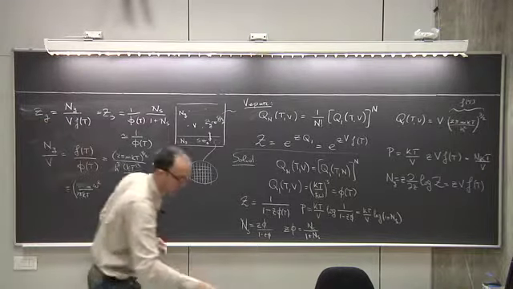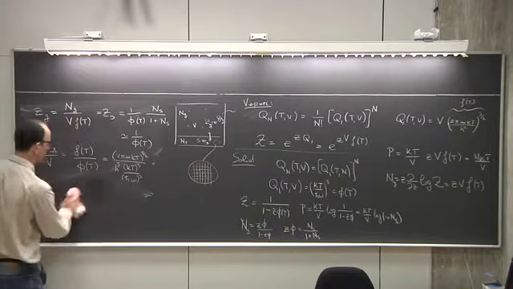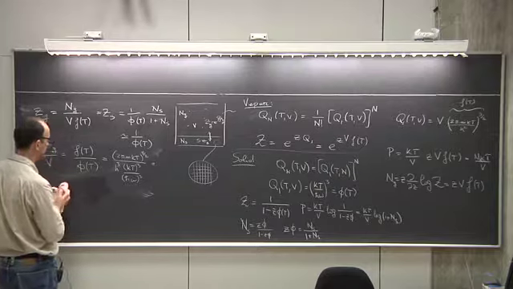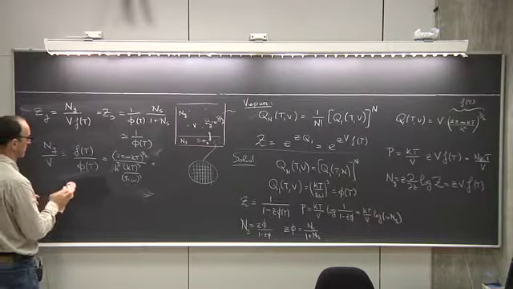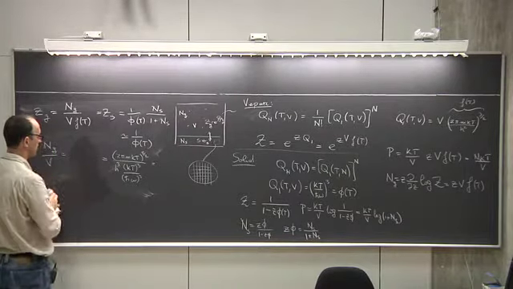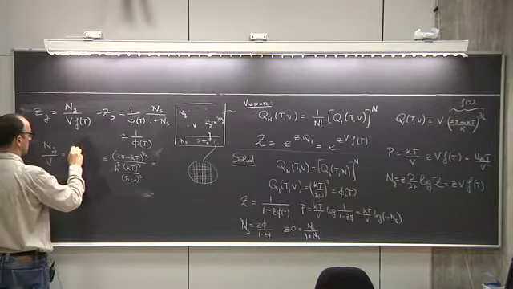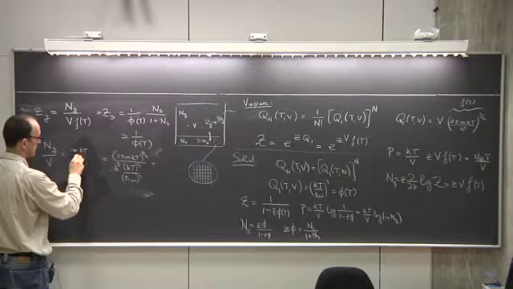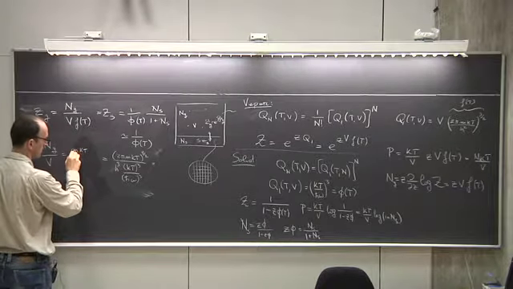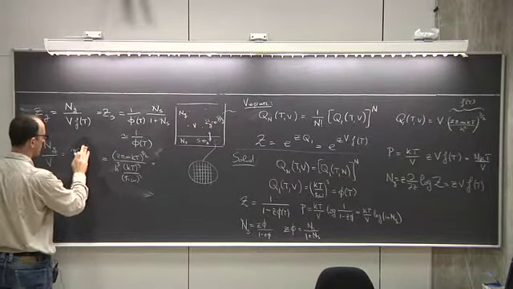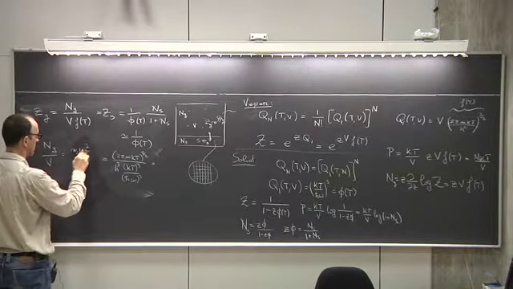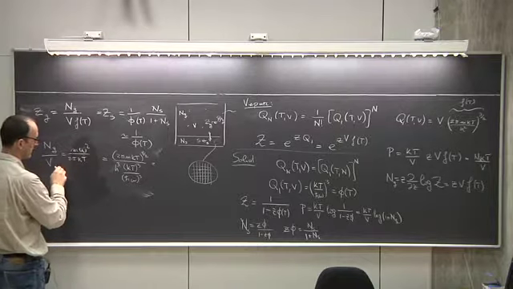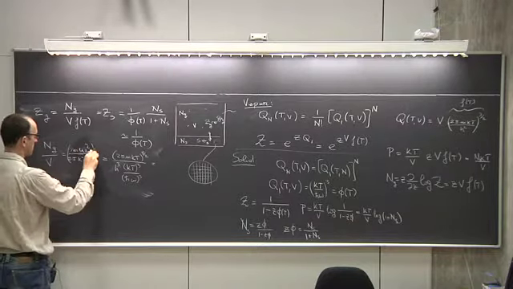So the final result should be that this is equal to (m ω squared divided by 2π kT) to the power 3/2.